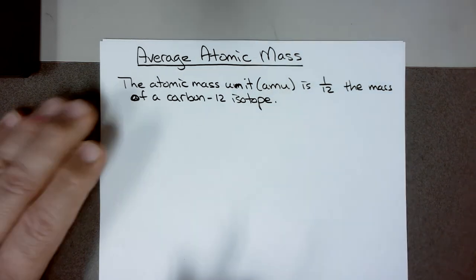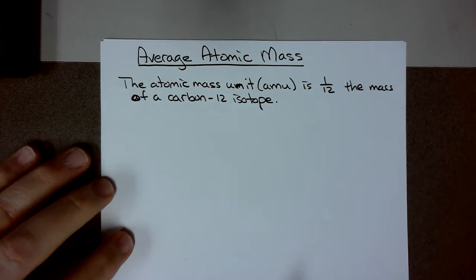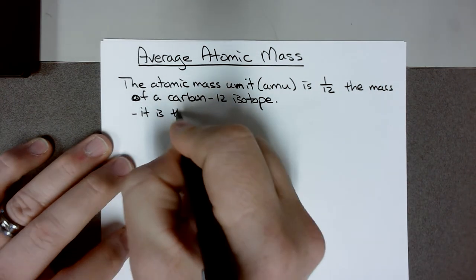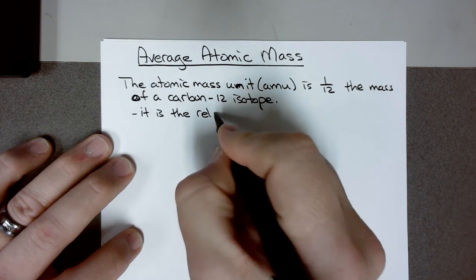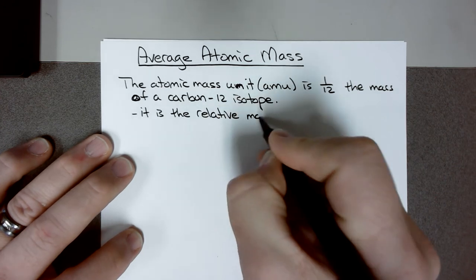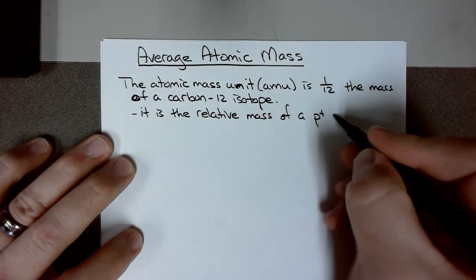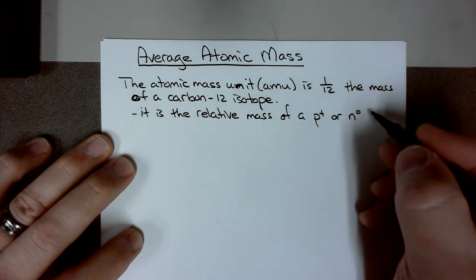Okay, so the atomic mass unit had to be standardized, and to do that they took the mass of a carbon-12 isotope and divided by 12. And so it is really the relative mass of a proton or neutron of a carbon-12 isotope.